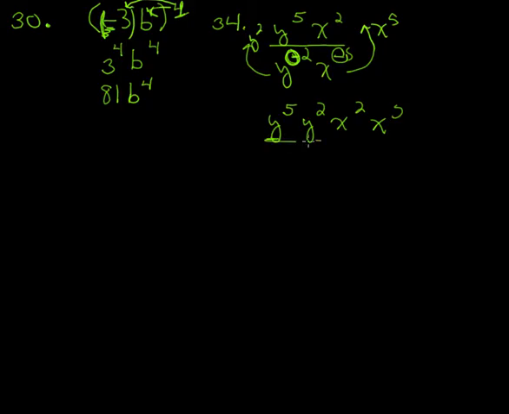Well, these have the same base, so I add the exponents, y to the seventh. And these have the same base, so I add these exponents, x to the 7th. Now, in general, we tend to write variables in alphabetical order. So you could see it x to the 7th, y to the 7th.